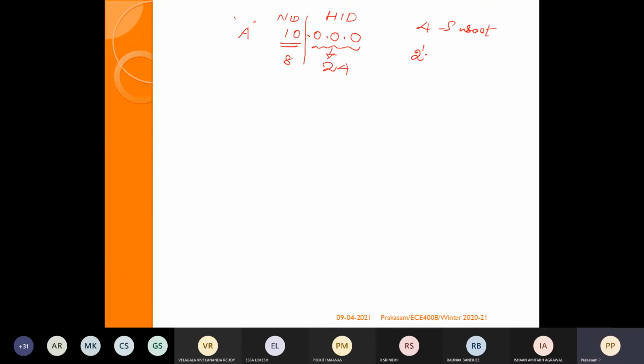So 2 power 1 is 2. What is usable? Minus 2, because always the first one is the network ID and the last one is the broadcast ID. So I can provide service for 0 subnet IDs if I allocate 1 bit out of these 24. Suppose I allocate 2 bits, so 4 minus 2, 2 usable subnets.